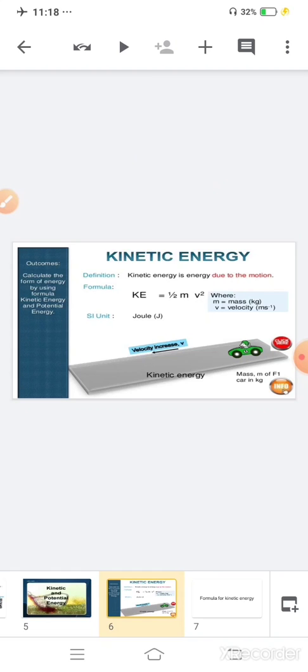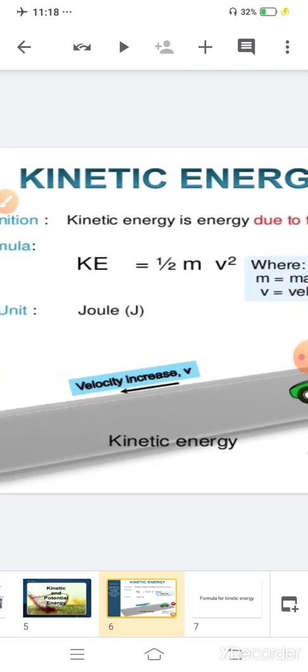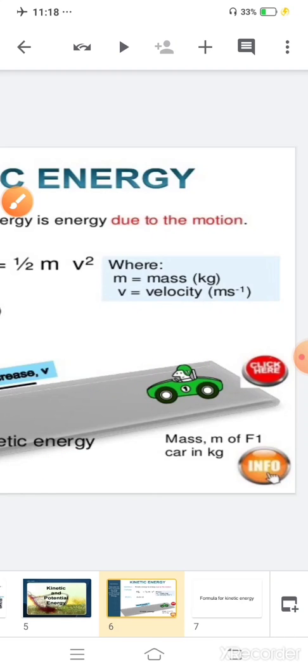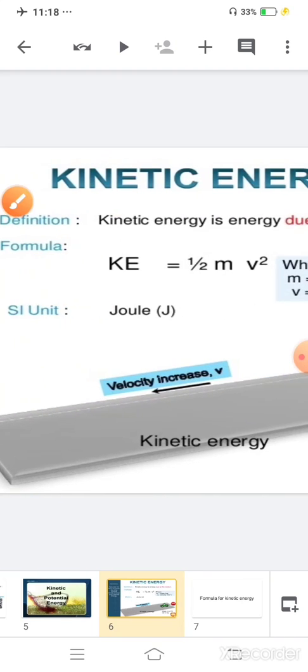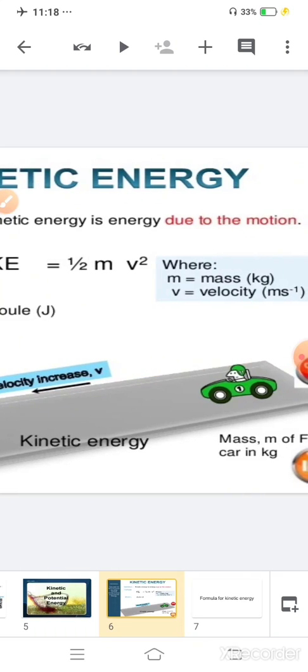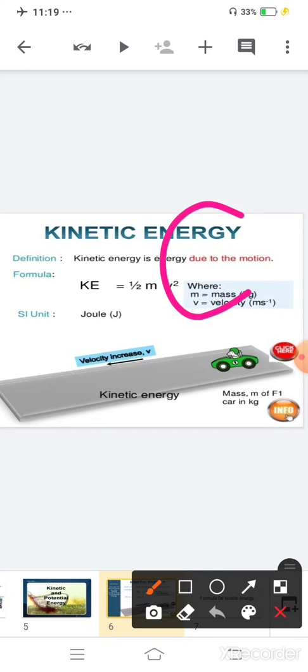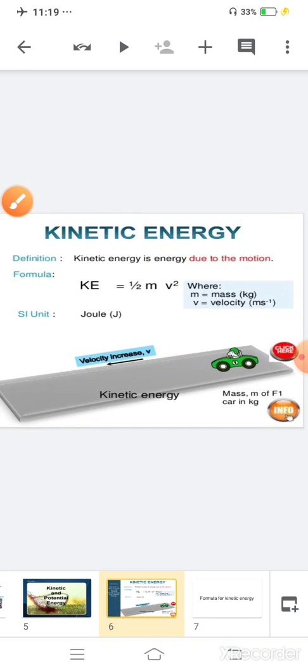See here, this is a car having mass m in kg. Now velocity increases, so kinetic energy also increases. So basically your kinetic energy is energy produced due to the motion. Is this clear?